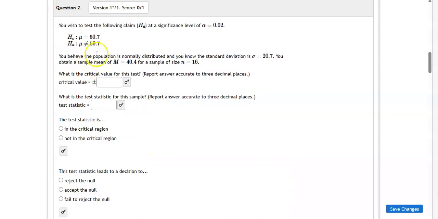Now, if this is a less than, we'd only have a rejection region to the left, and we would have put all of the 0.02 there. So when we looked it up, we would have looked up just 0.02.